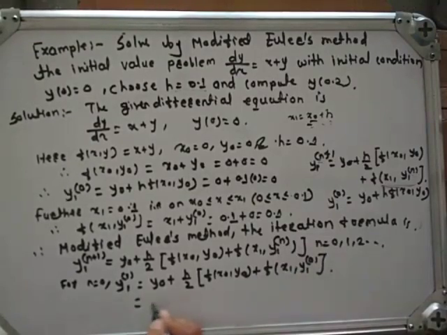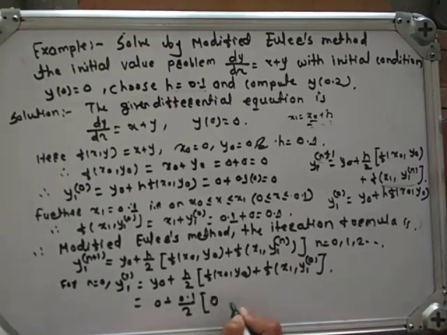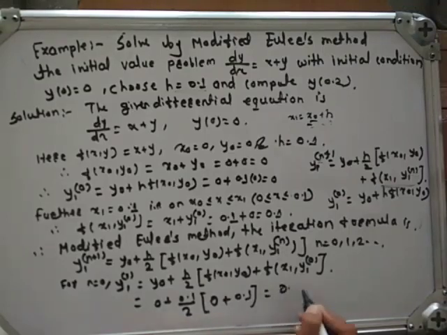Now put all these values: y0 is 0 plus h by 2 is 0.1 upon 2 into f of x0, y0 is 0 plus f of x1, y1 is 0.1. After simplifying this, you will get the answer 0.05. So y1 (1) is equal to 0.05.